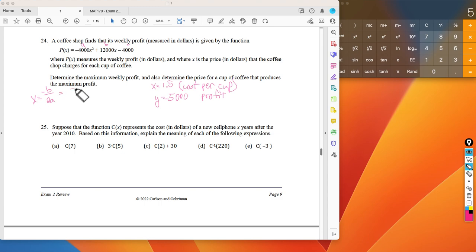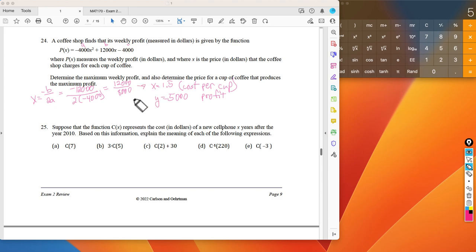So we could do this with just minus 12,000 over 2 times negative 4,000. Notice the negatives will cancel out. This is going to be 8,000. So there's 12,000 over 8,000. If you divide that, you get 1.5. Nice. Exactly what we came up with.